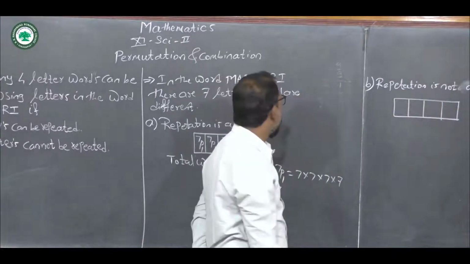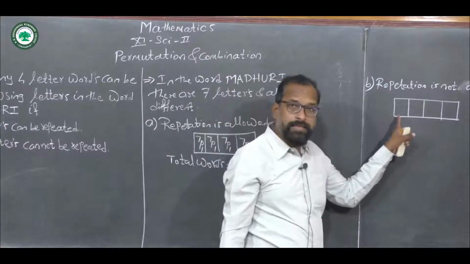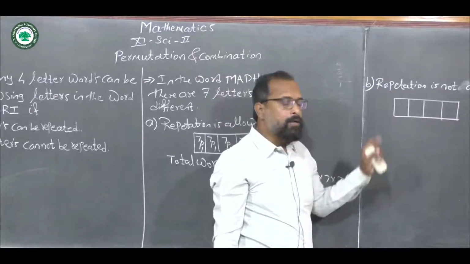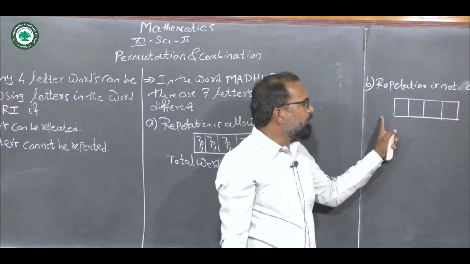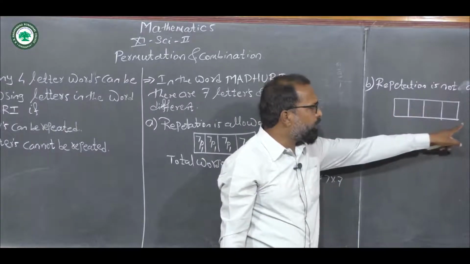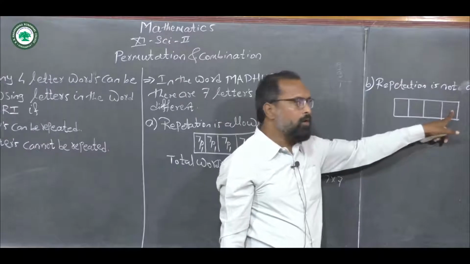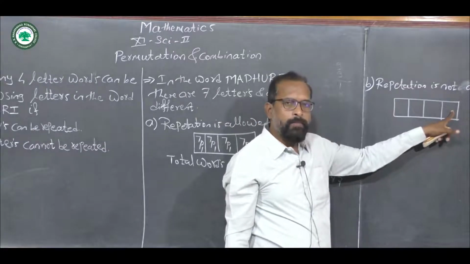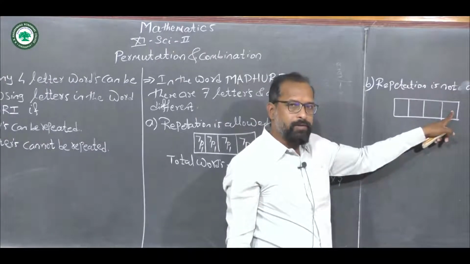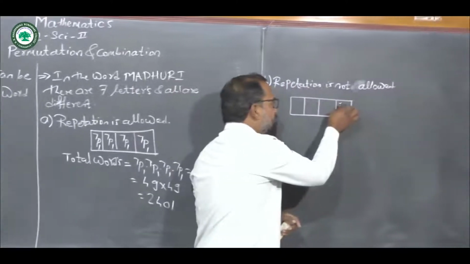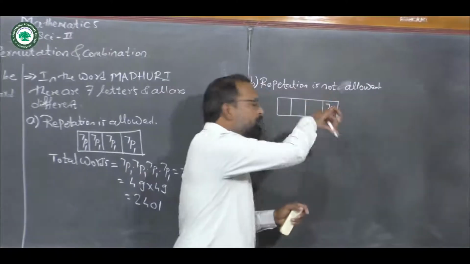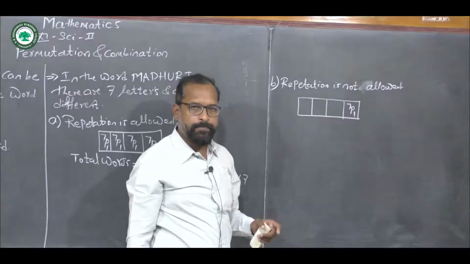Initially in the word Madhuri there are 7 letters. Starting from any one of the sides, suppose we start from the last one. At this position 7 letters are available, so this last position can be filled in 7P1 ways.